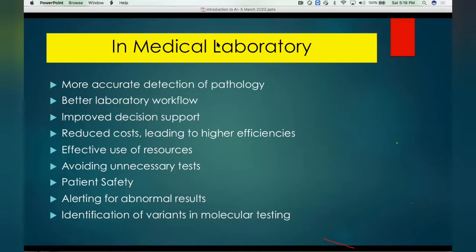Better or optimized laboratory workflow, improved decision support, reduced cost leading to higher efficiencies, effective use of resources, avoiding unnecessary tests, patient safety, alerting for abnormal results, identification of variants in molecular testing. It helps us in HPLC also.